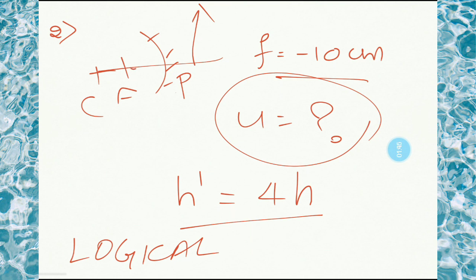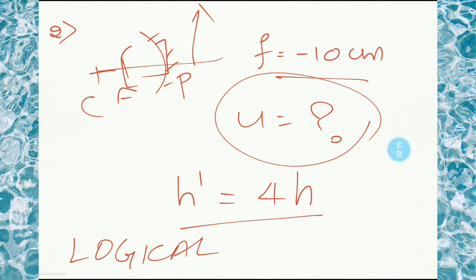When it is between the focus and pole, you will get an image which is virtual, but it is going to be bigger than the object size, right? He is not asking whether we need a real image or a virtual one. He is just asking that the image should be 4 times the object. Understood? The size. So if it is placed between focus and pole, then only it is going to happen.